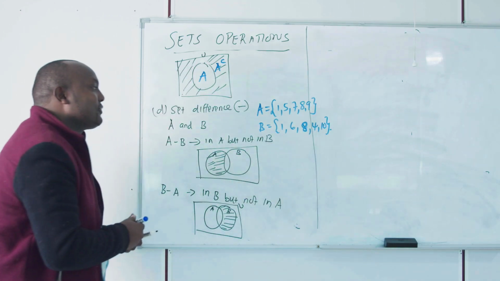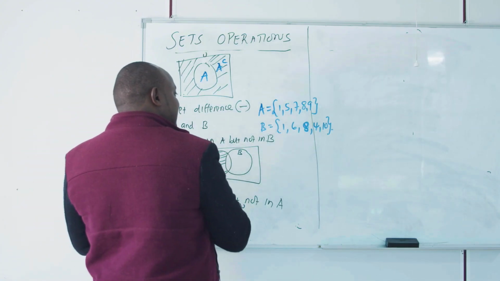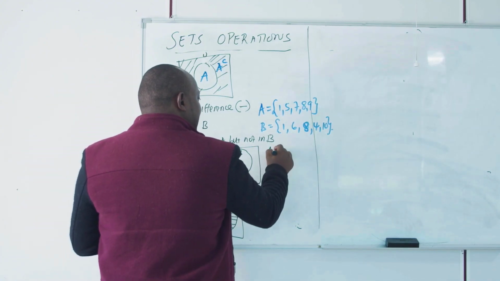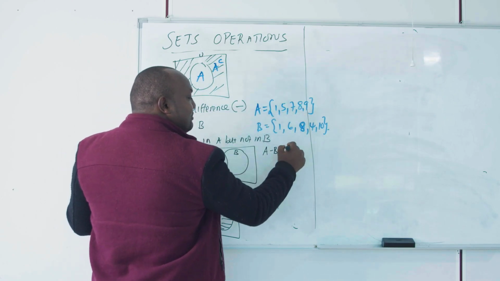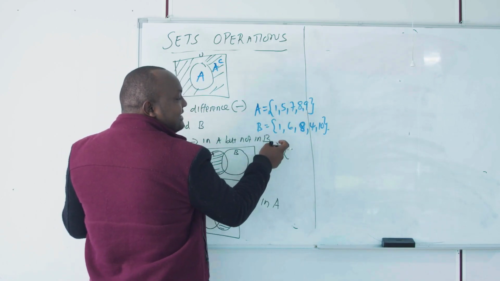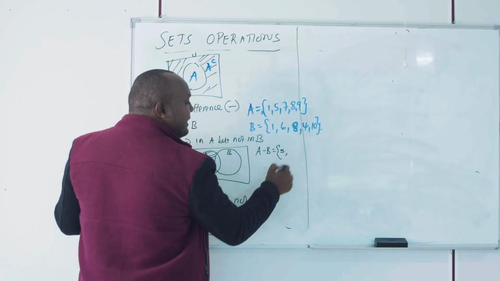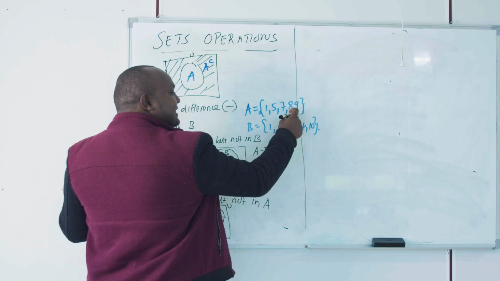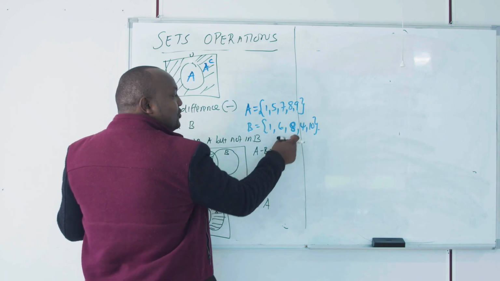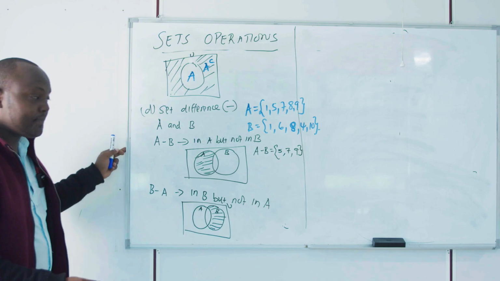Those are two sets, A and B. So we start with A minus B. There are those elements in A but are not in B. You realize 1 is there but is in B, so you ignore that one. 5 is there but is not in B, so one element is 5. 7 is there but also is not in B. 8 is there but also is appearing in B, so you don't include. Then the other one is 9. So that is A minus B.